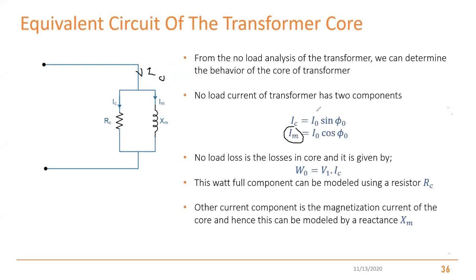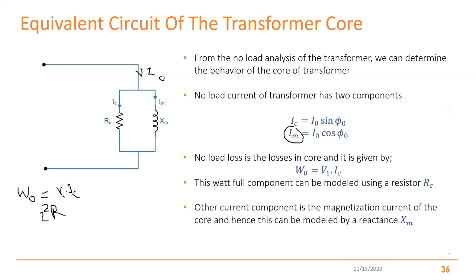If you consider the IC path, you identify that the loss can be written as V1 times IC. Therefore the total power consumption at no load occurs at this branch. This behavior we can model using a resistor, since a resistor has power dissipation I squared R, it is perfect to model a loss like this.